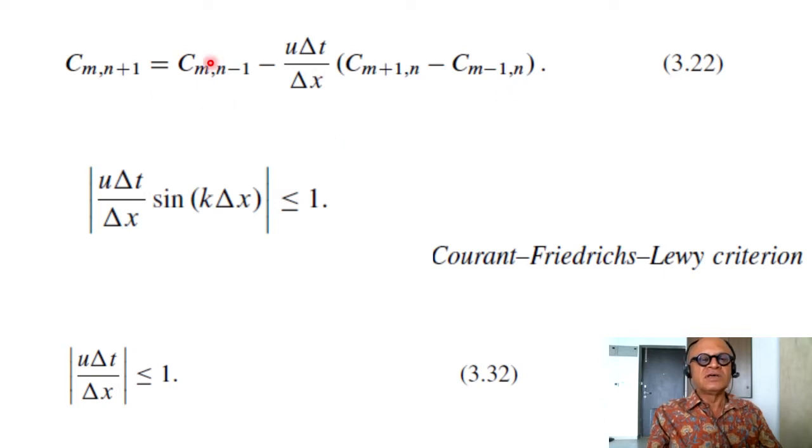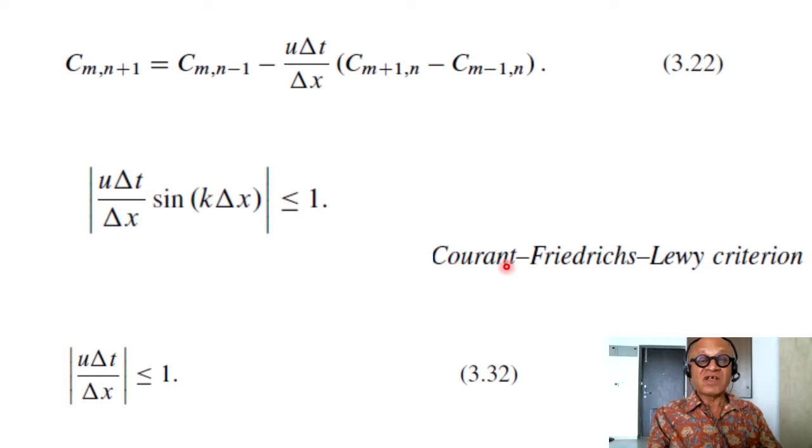So this is C_t plus u dC/dx discretized. So the criterion then essentially for mod sigma being less than or equal to 1 is that u delta t over delta x times sine k delta x has to be less than or equal to 1. This is called the Courant-Friedrichs-Lewy criterion.